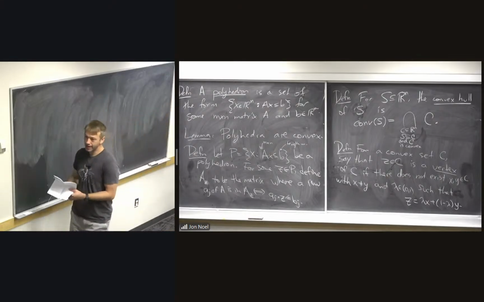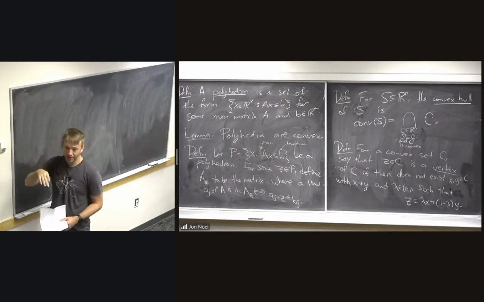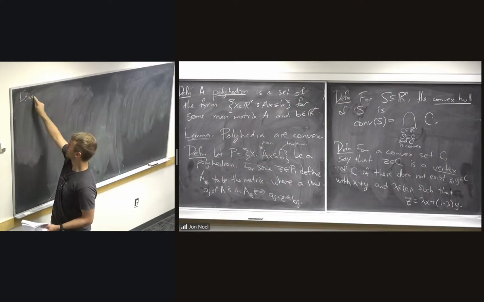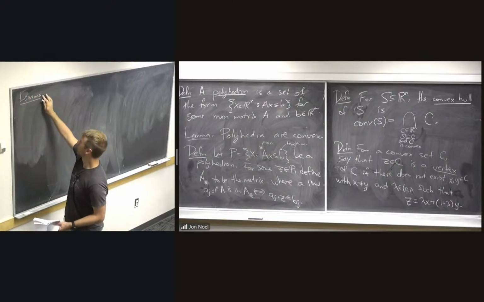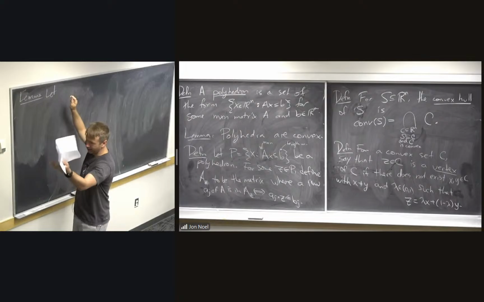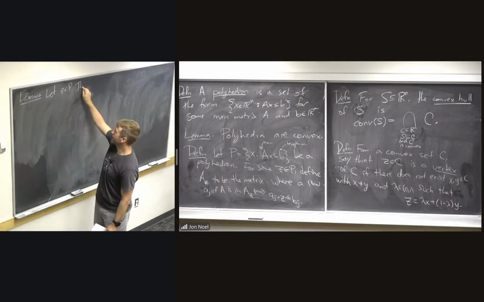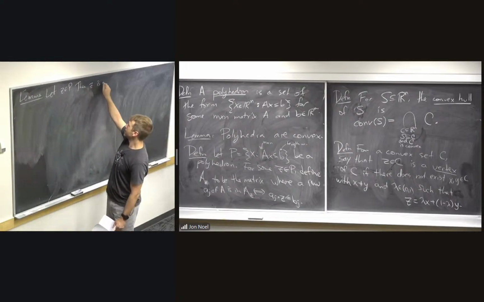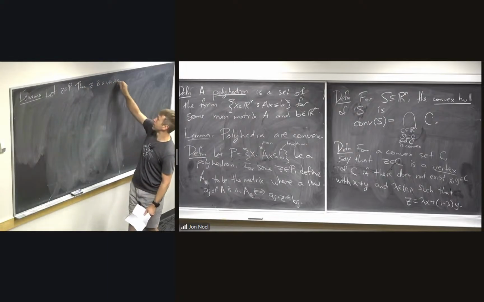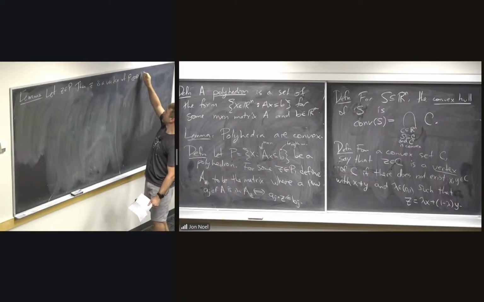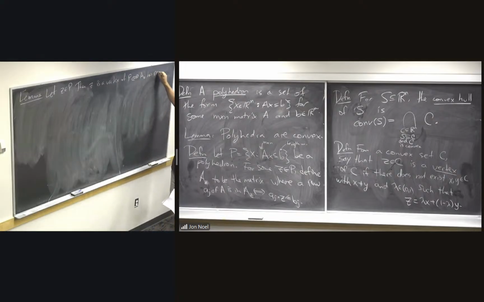Now I'd like to classify the vertices of a polyhedron in terms of these matrices A_z. This is a lemma. P is as in the definition, so let z be an element of P. Then z is a vertex of P if and only if the matrix A_z has rank n.